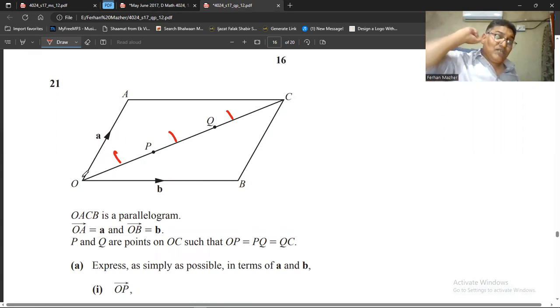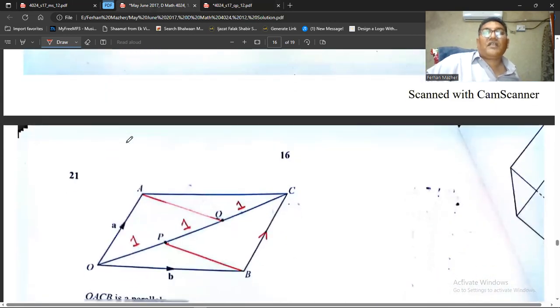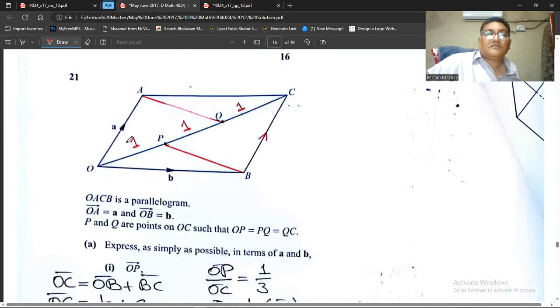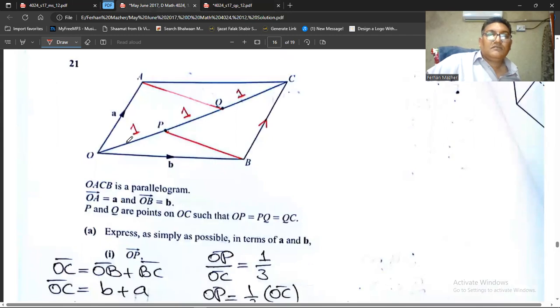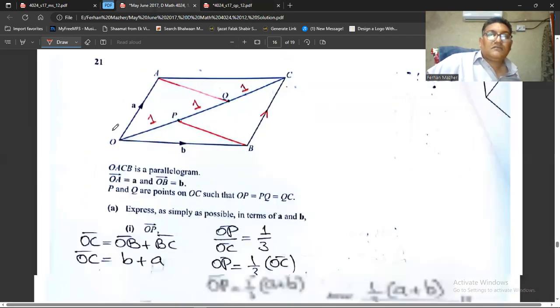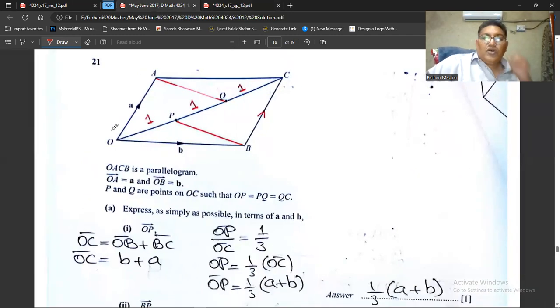Okay. So let me show you how this is done. First of all, I will find out the OC. So OC is equal to OB plus BC. That's the bypass. From O go to B, from B go to C. And OC will be equal to b plus a.